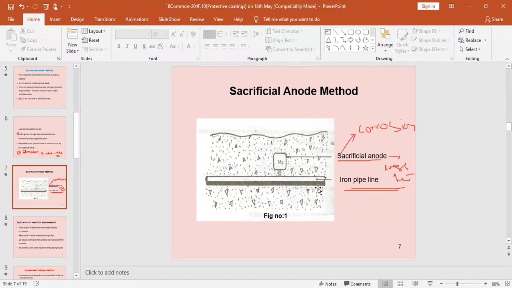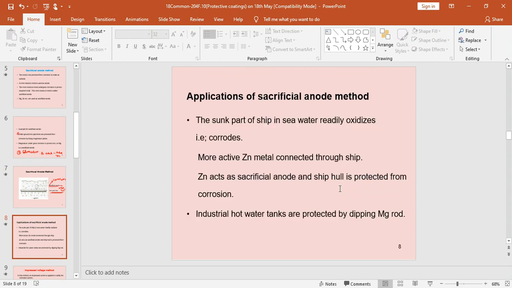Okay, now you can understand the next method, that is the impressed voltage method. Before discussing the impressed voltage method, let's see the applications of the sacrificial anode method.